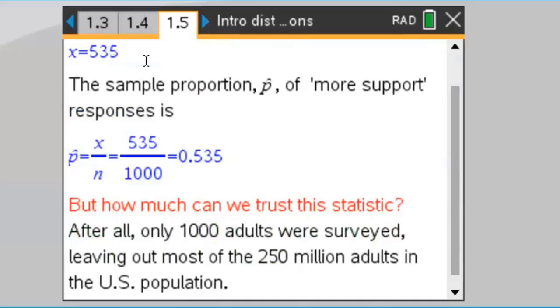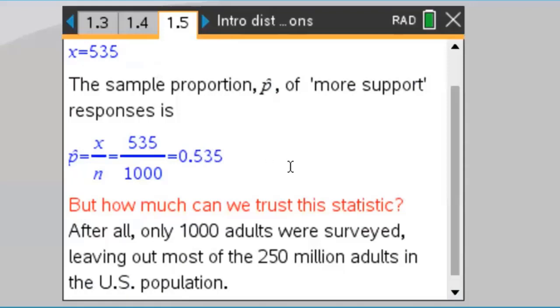Now, the proportion, the sample proportion based on this survey, we give that the symbol p hat. So the true population proportion, which we don't know, is p. P hat is the proportion from the sample. So in this case, it's 0.535.